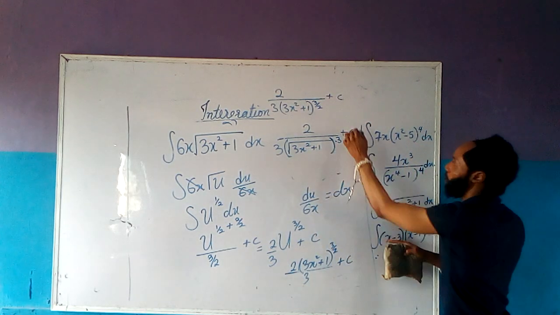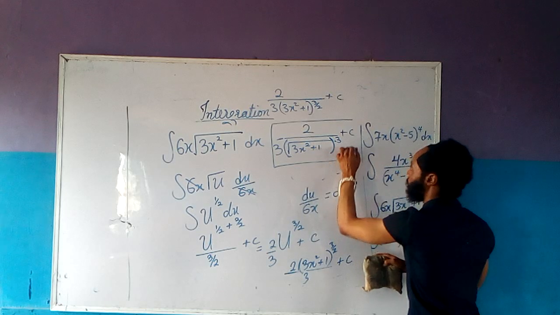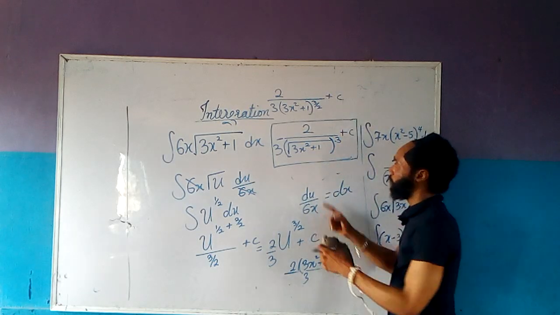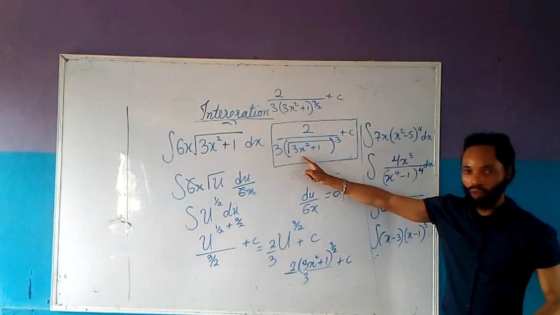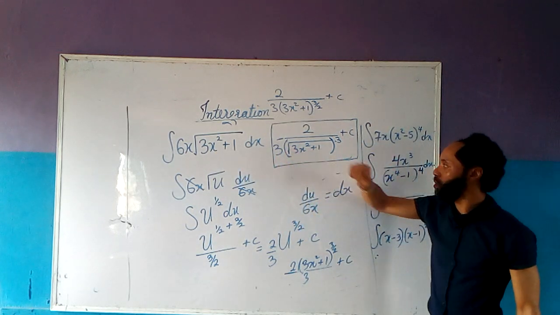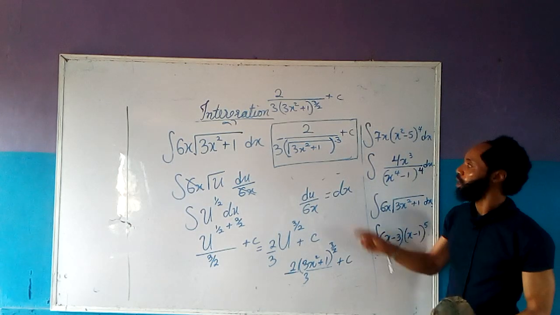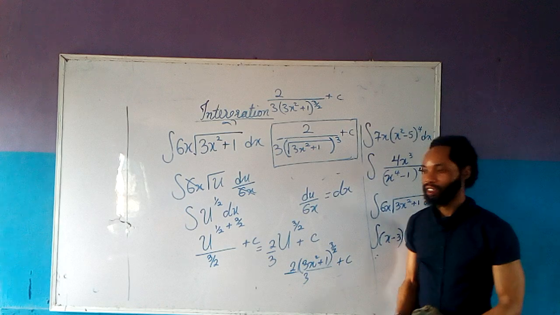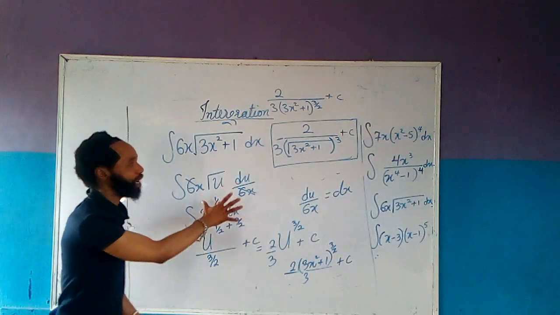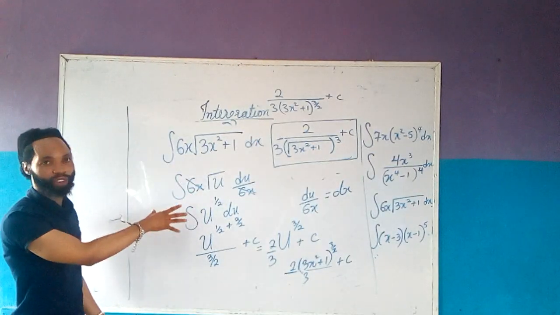This is our answer right here. We took it back to square roots, the radical term. It's best to leave your answer the way it's given. That's good for us.